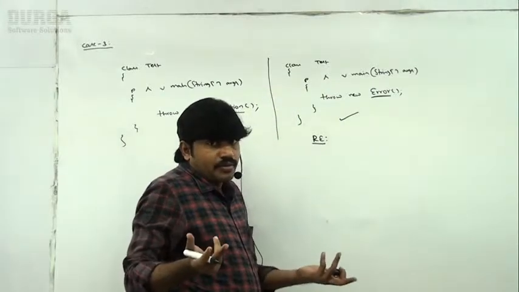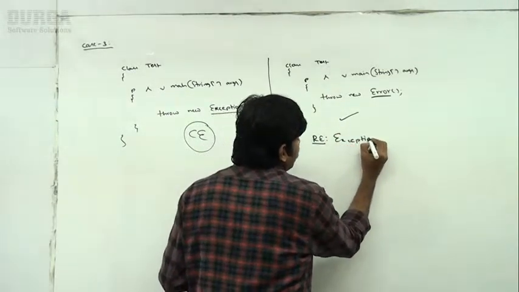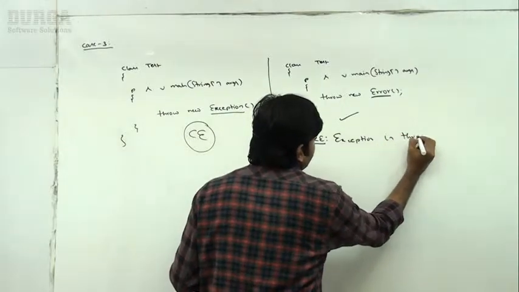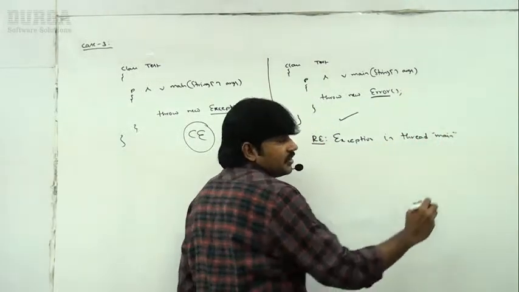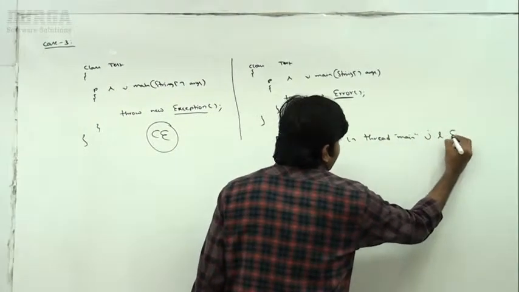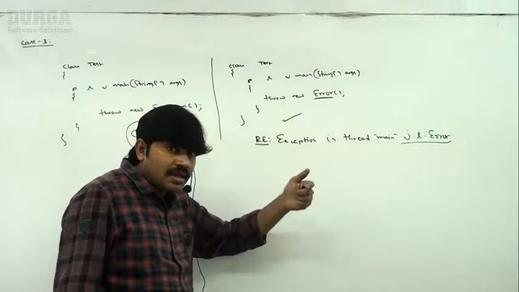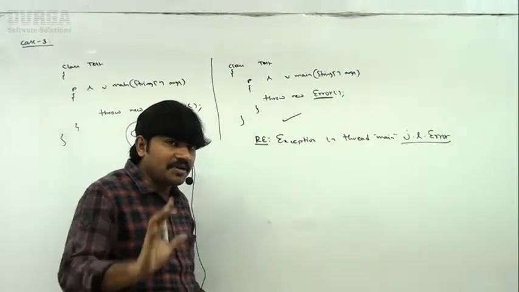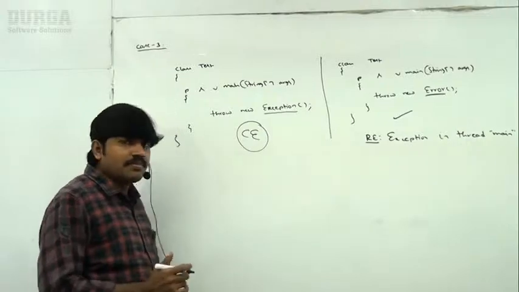No handling code, no catch block. That's why exception in thread main, java.lang.Error we are going to get. It is a runtime exception but not a compile time error. Happily the code compiles fine, but in the other case the compiler won't compile this code.